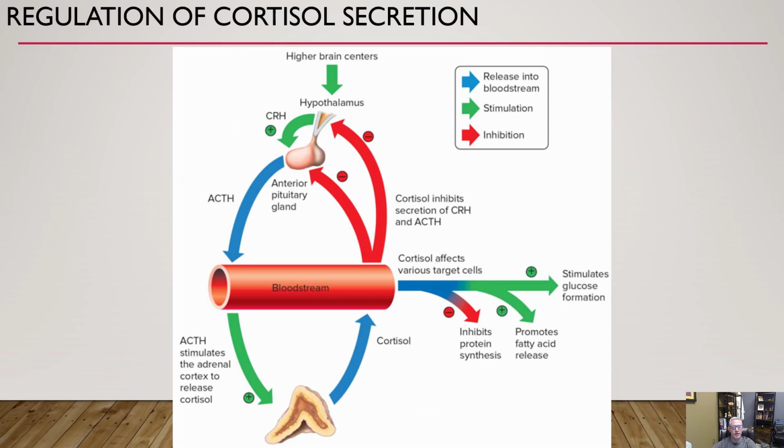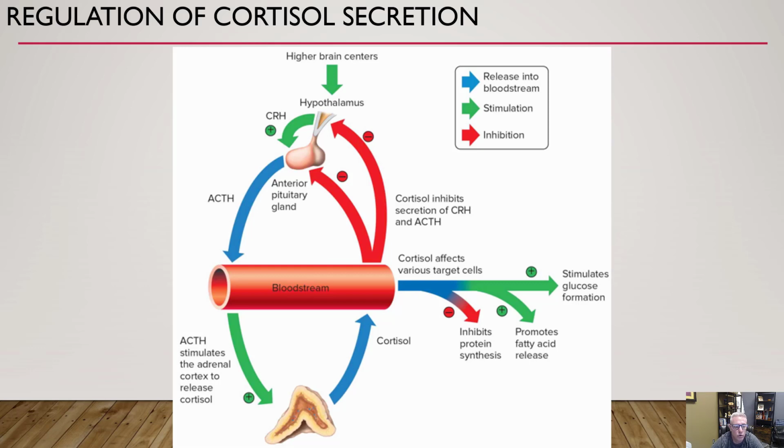All right, so regulation of cortisol secretion. Your higher brain cells signal the hypothalamus to secrete CRH, corticotropin-releasing hormone, and that stimulates the anterior pituitary gland to secrete adrenocorticotropic hormone into the bloodstream, and then the ACTH stimulates the adrenal cortex to release cortisol.